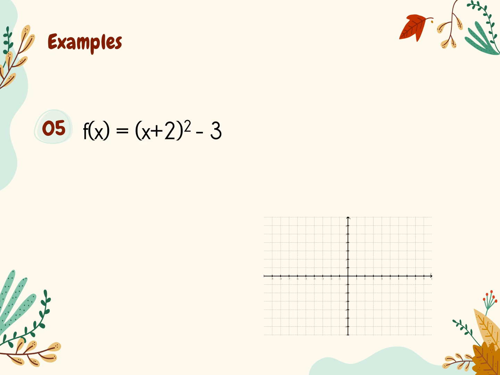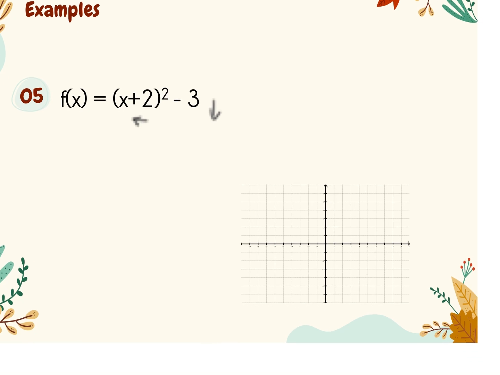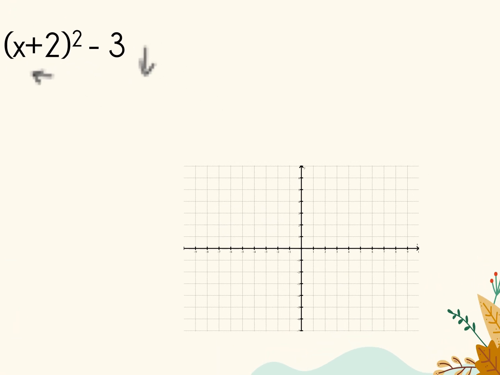We know that if a number is on the inside of our parentheses and it's being added or subtracted, it is a horizontal shift, and a number on the outside that's being added or subtracted is going up or down. So this one is going to be going down 3 and to the left 2, because there's a plus 2. So we should know that it's going to look something like this.